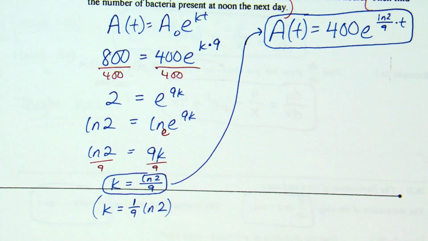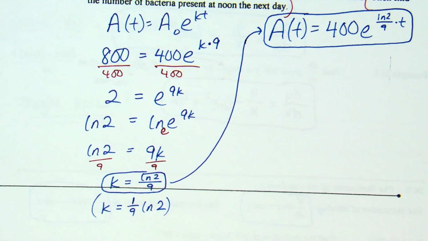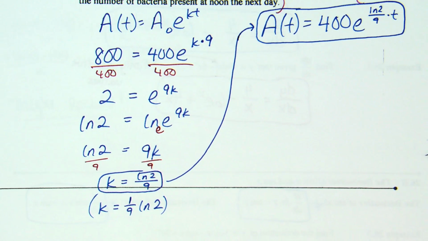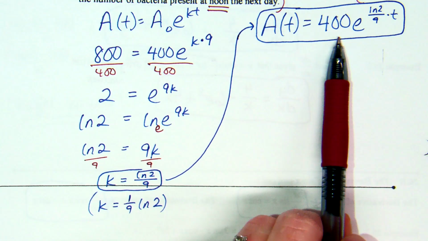Okay. Forget the last equation for a moment, or last sentence, excuse me. It said, then find the number of bacteria present at noon the next day. It'd be 9 p.m. because it started at noon and goes to 9 p.m., then you have to go to 12 the next day, right? Start with 400 at noon. What was our initial value?